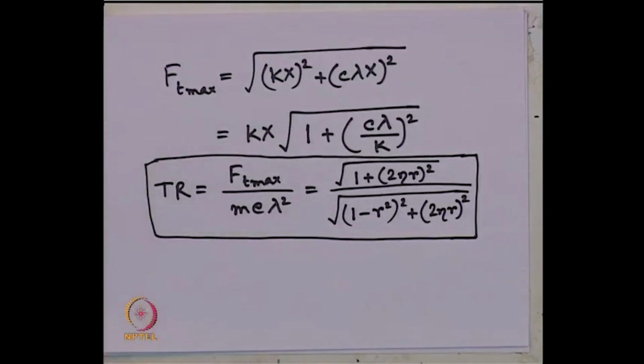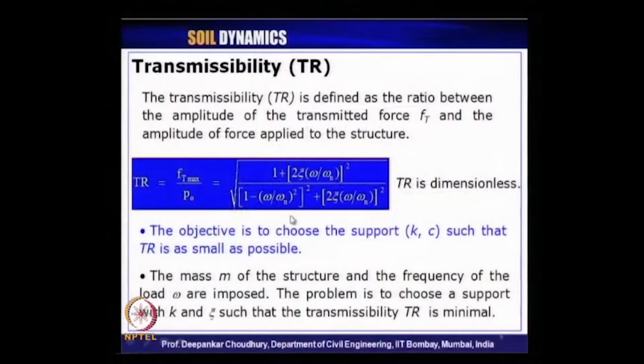So, now if we look at the slide, you can see the transmissibility ratio, this is the final expression in terms of the frequency ratio and the damping ratio, and it is dimensionless. And why is this transmissibility ratio important for our design?